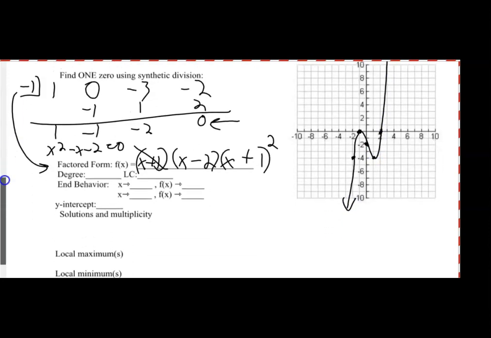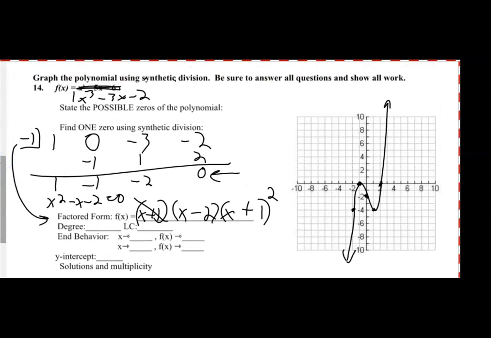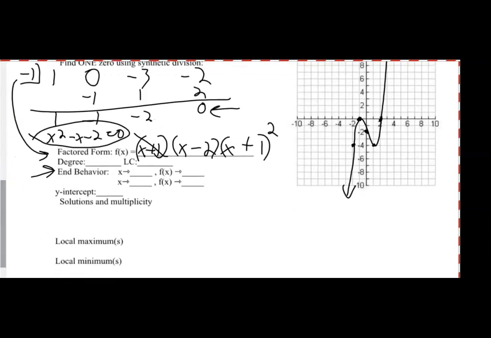Great. Now, here's a big thing. When we're doing this part, do not base it here. Always go back to the original. The graph and all this information is based on the original problem. So, what was the degree? It was 3. It was a cubic. The lead coefficient was just 1.